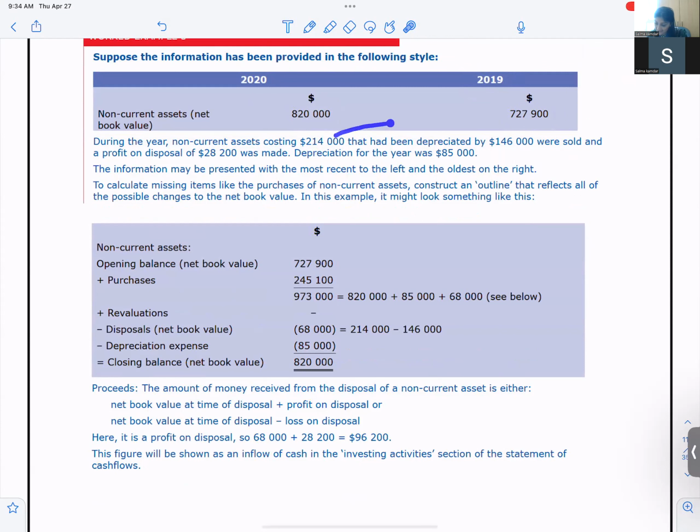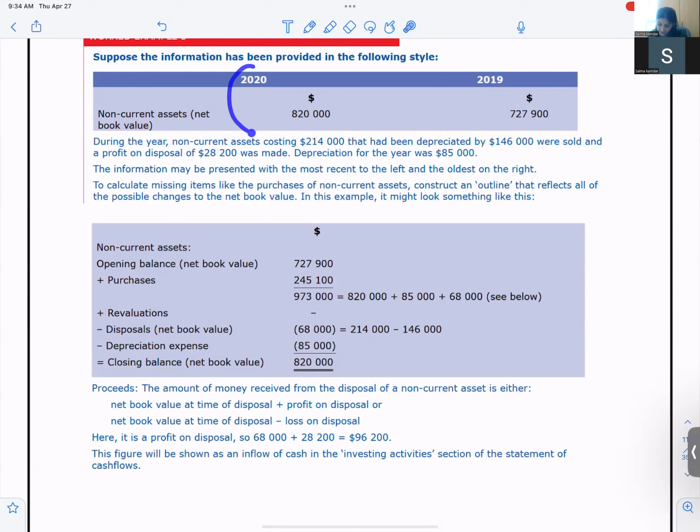which was depreciated by 146,000, was sold at a profit of 28,200. Depreciation for the year is 85,000. The information is given with the most recent to the left and oldest to the right.